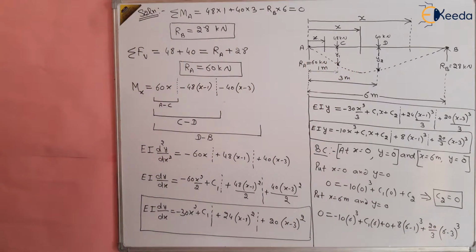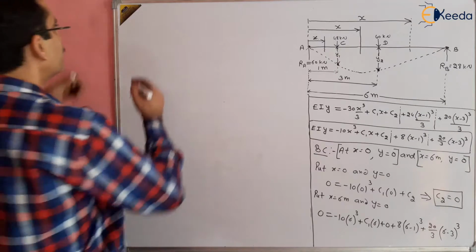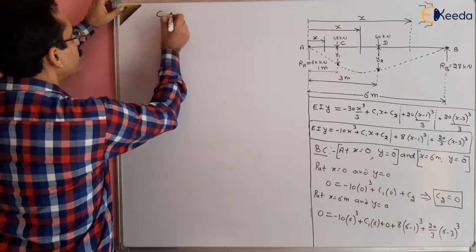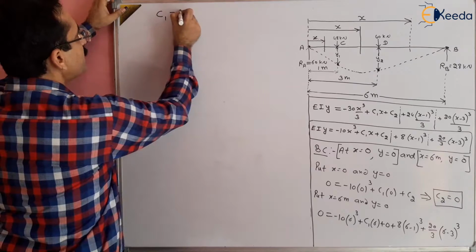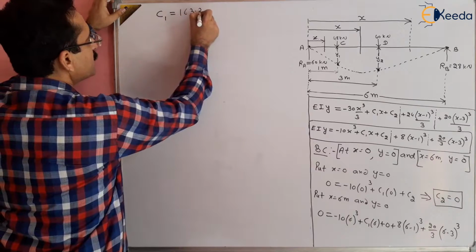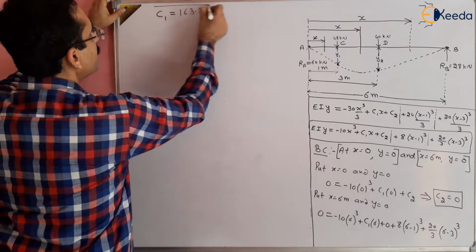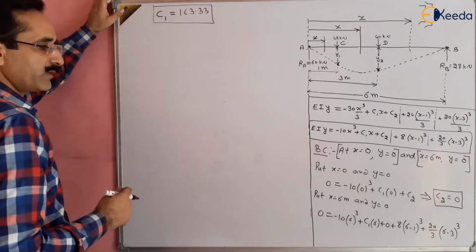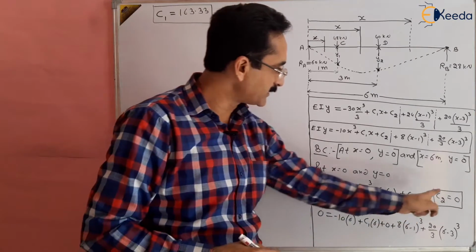So what is the value of C1 now? Solving it you will get C1 as 163.33. This is the value of C1. So now we are able to find out the values of C1 and C2 both.